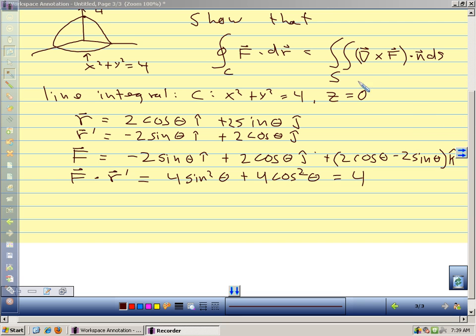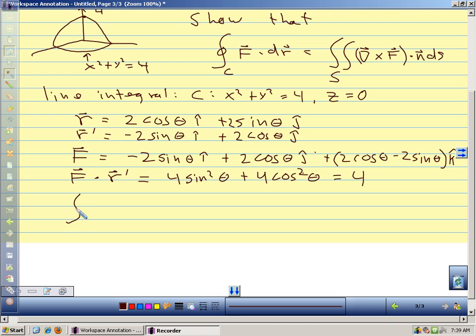In this case, because we have a nice simple boundary and our curve parameterizes nicely, we might choose to evaluate the line integral rather than the surface integral. But here we want to show that these are the same.